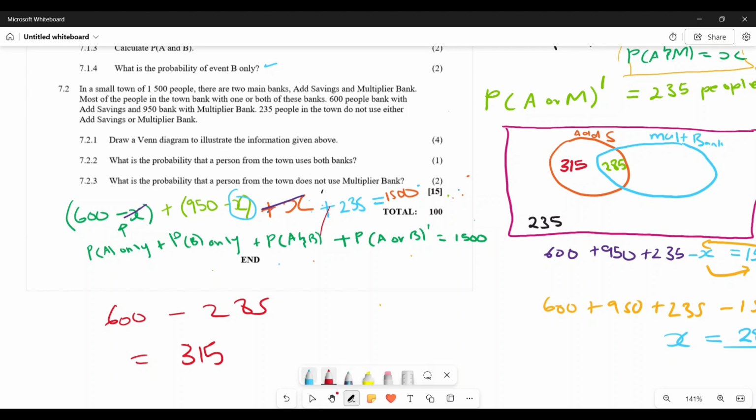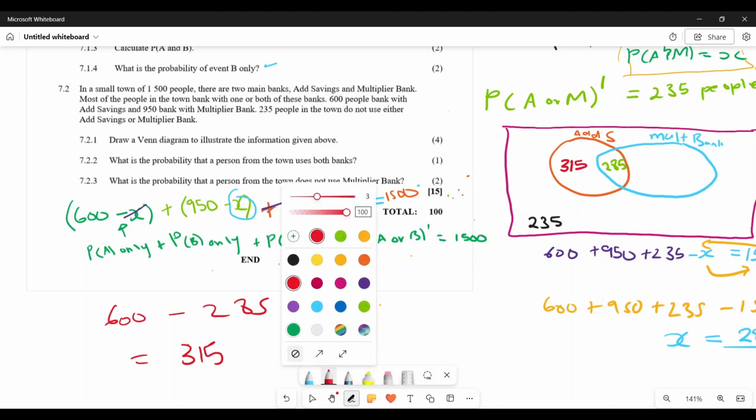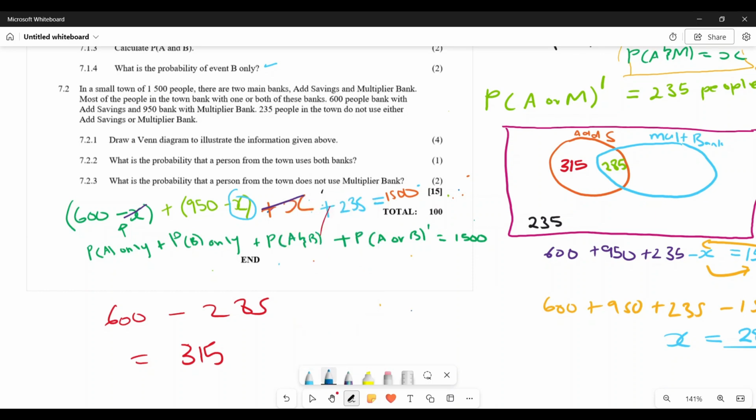Now I need to do the same for my Multiplier Bank. So it's 900 minus my 285, and this is 615 people. And as I've said, when you add all these values, they should be equal to this 1,500. And this is our complete Venn diagram using the given information with regards to the two banks. So let me just erase here so that we can answer the preceding questions.